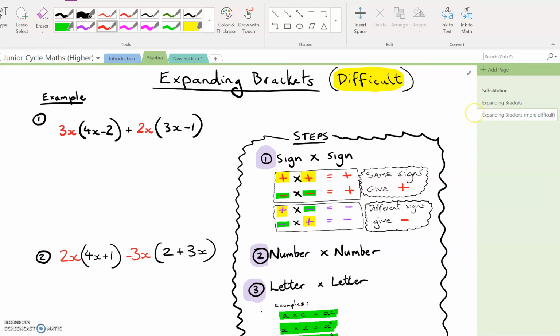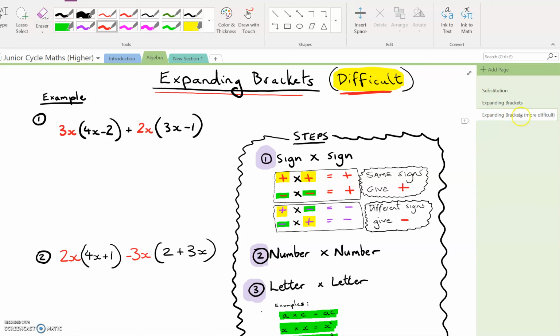Hello and welcome to this little video on expanding brackets, but it's a little bit more difficult than the other ones we looked at in the previous video. So what I would suggest is that if you haven't looked at that video yet, you should look at that video, and it's in the tab for expanding brackets.